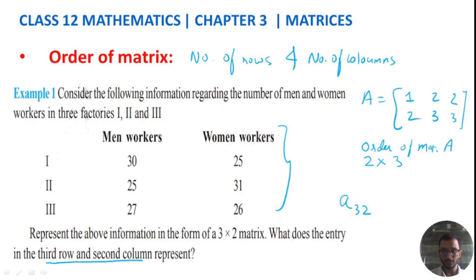I think the third row is not there. Suppose I write a third row also, as 1 1 1, then the order will change into 3 cross 3. So what will be A32 here? That is third row and second column, that is this element. So A32 is 1. Similarly you need to find it in this example. Okay, so let's move quickly to the next topic.